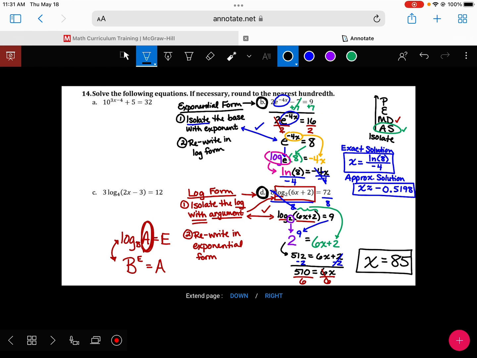Yes, ma'am. Yes, I do. There you go. You're welcome. Wait, what's the B? Oh, base? That's just showing how you go back and forth between the two forms. That's your base.